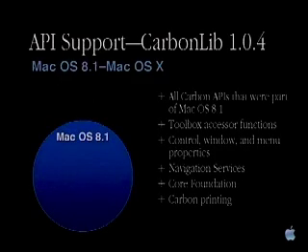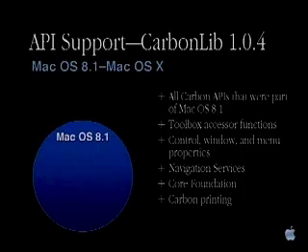If you look at the first CarbonLib, it supported all the Carbon APIs. If you look on different OSs, there will be subsets of the API. The first OS that we supported, Mac OS 8.1, will have the least number of Carbon APIs supported. Why is that?